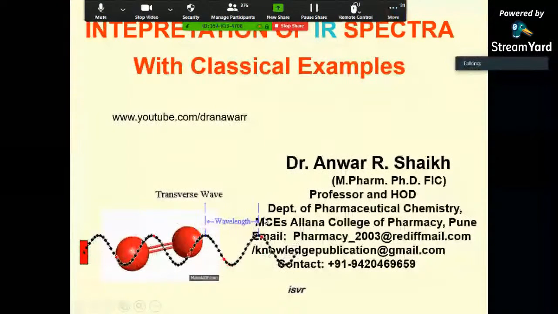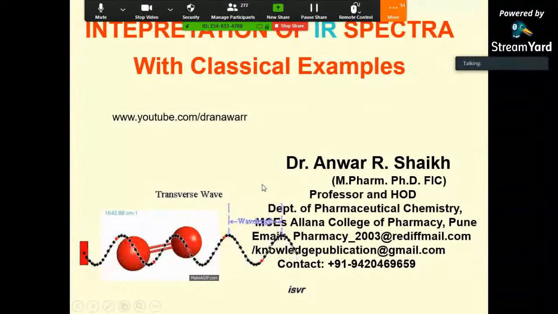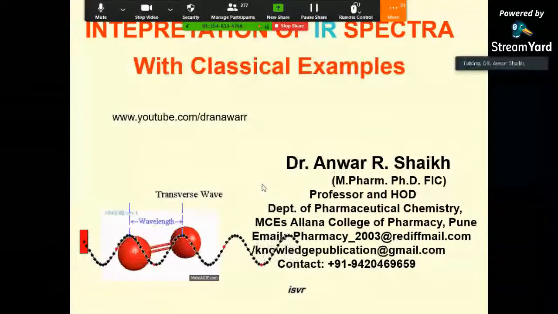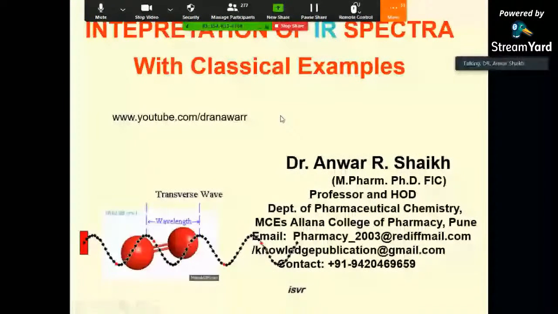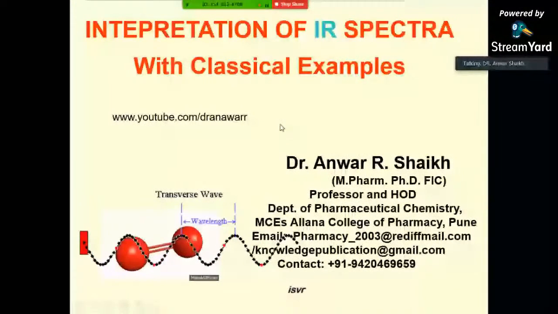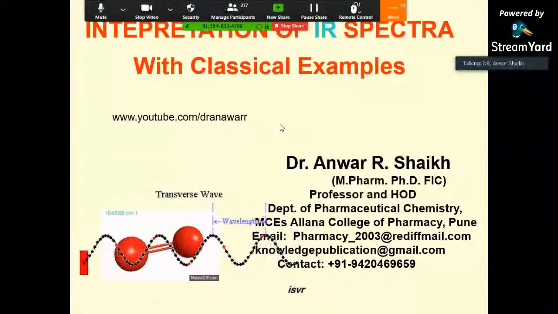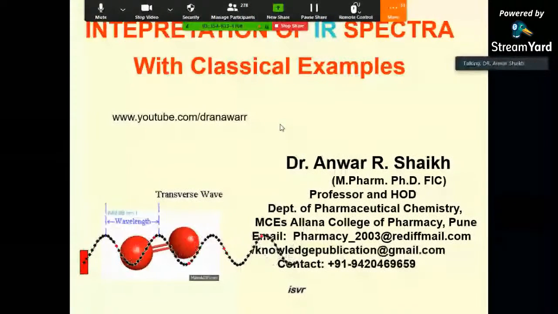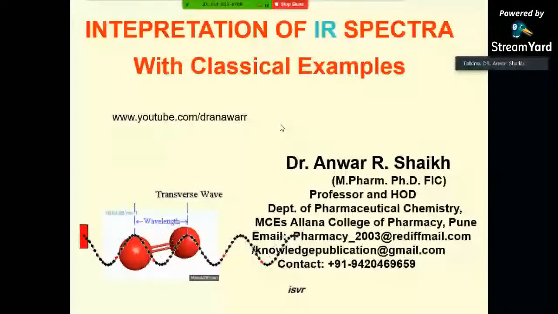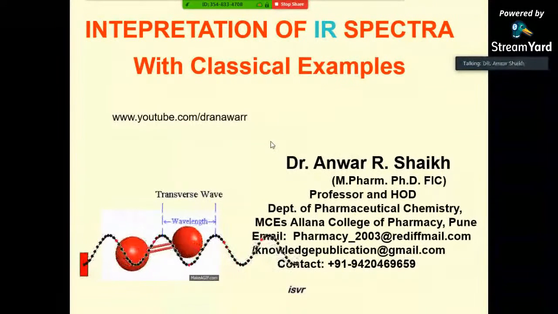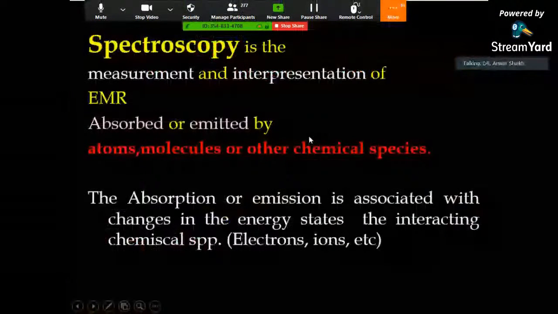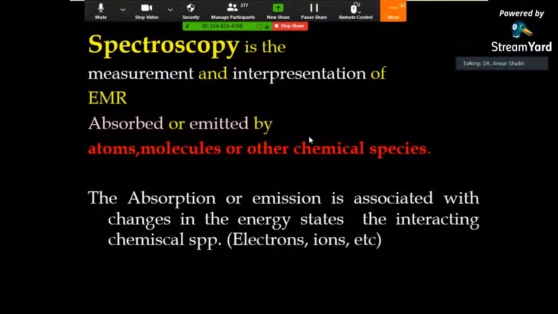Then infrared spectroscopy gives a rough idea about functional groups, but the whole structure still cannot be found out. We have to go through NMR, then carbon 13, and then the mass to further elucidate the structure. So we will go through what we can do with infrared spectroscopy.